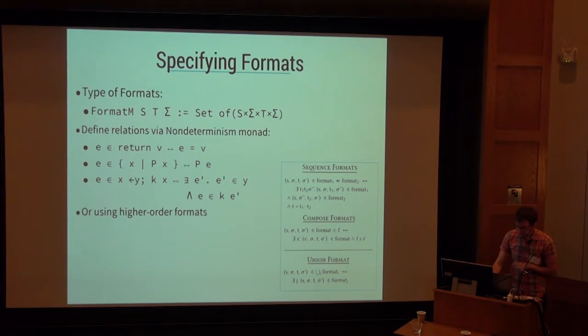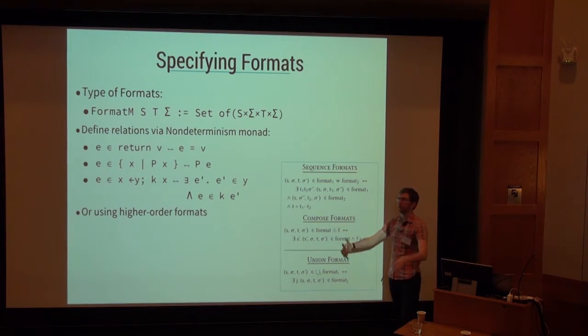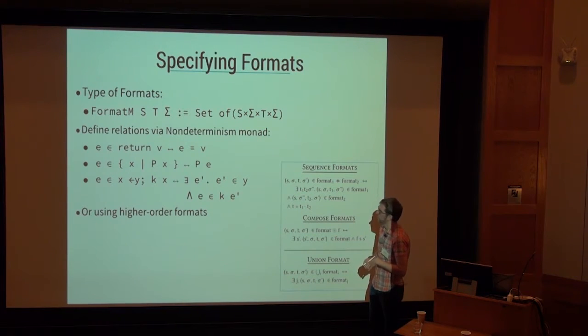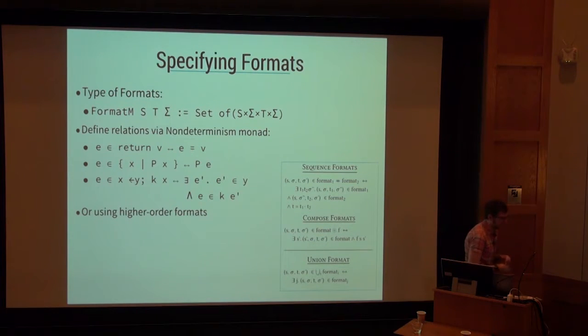Okay, so given these formats, there is one wrinkle. Remember I said before we had to imagine that we could interpret formats as functions, right? Of course, these are not functions, they're relations. And if we actually want to encode a piece of data, well, we probably need to turn that into an executable function somehow.